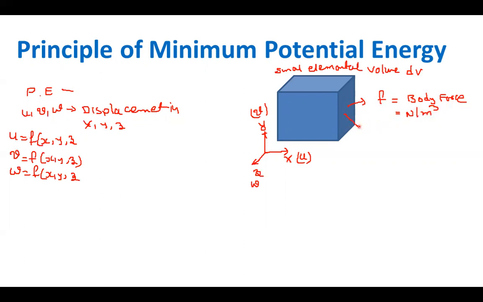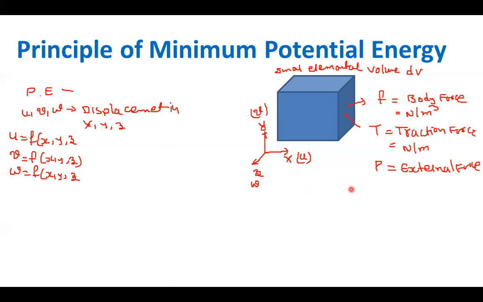Another parameter, let us define that T is called the traction force, which is defined as force per unit length. And another parameter, let us say P, is called an external force. So these are some of the parameters.